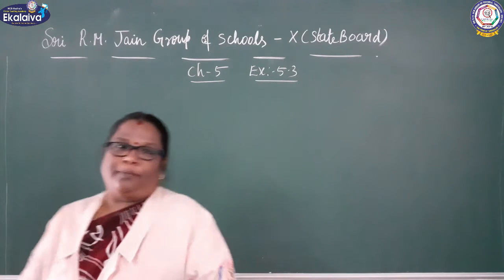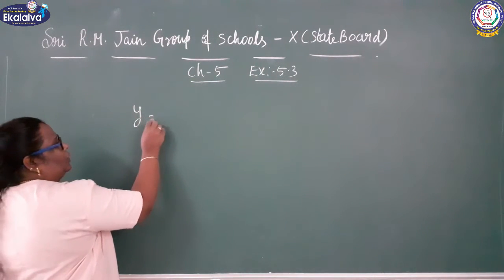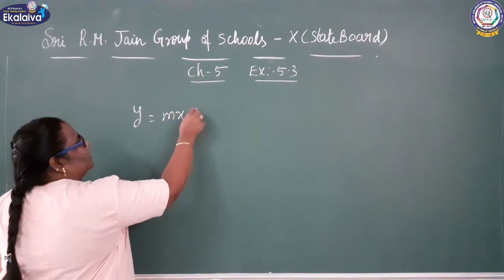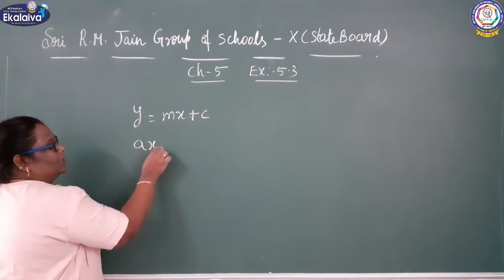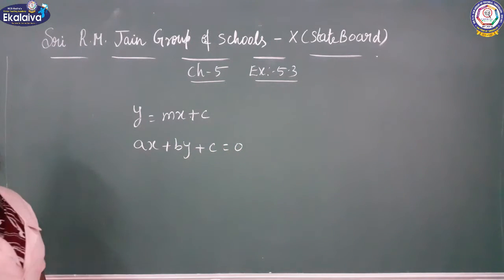Before we enter into the chapter, what is the equation of the line? Either you can say y equal to mx plus c, or ax plus by plus c equal to 0.